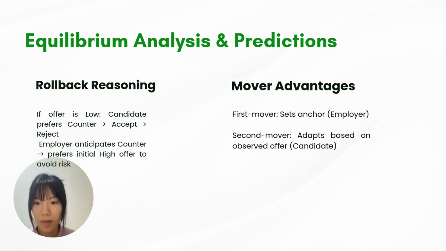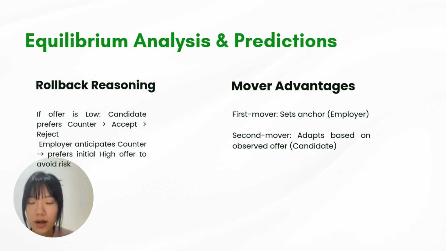Building on this setup, we move to part two: equilibrium analysis and predictions. Using backward induction, we find a key insight. If the employer offers a low salary, the candidate's best response is not to accept or reject, but to counter. A rational employer anticipates this reaction.